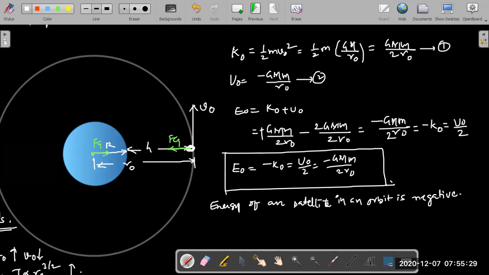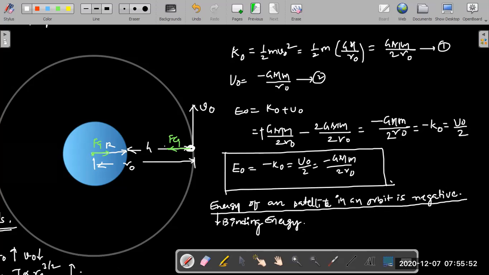In fact, because energy of a satellite in an orbit is negative, it is something like an electron which is revolving around the nucleus. In 12th, or in chemistry, you might have already studied that the energy of an electron is negative. So this energy you can consider as binding energy also. That means this satellite is bound to the planet with this much amount of energy.